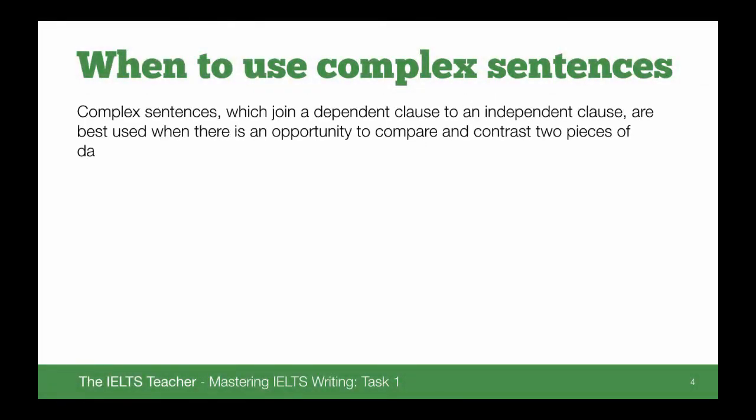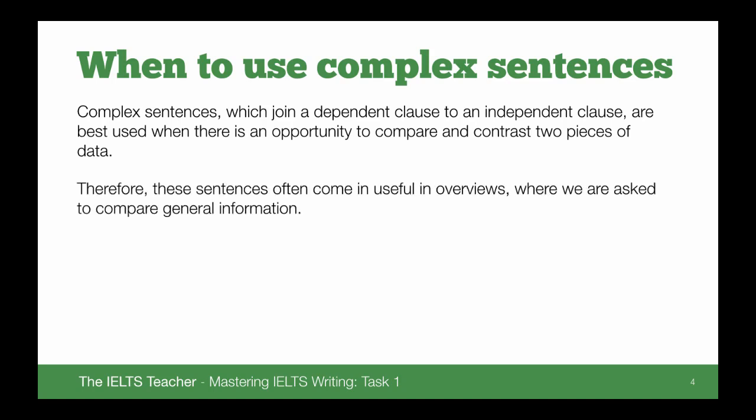So when do we use complex sentences? Well, complex sentences, which as mentioned join a dependent clause to an independent clause, are best used when there is an opportunity to compare and contrast two pieces of data. Therefore, these sentences often come in useful in overviews, where we are asked to compare general information.